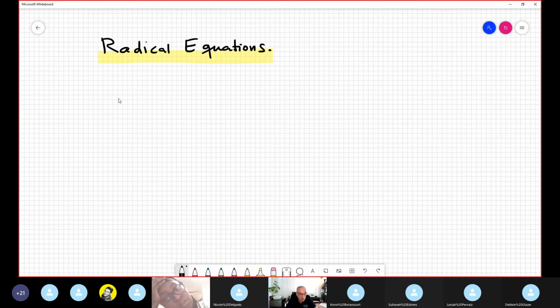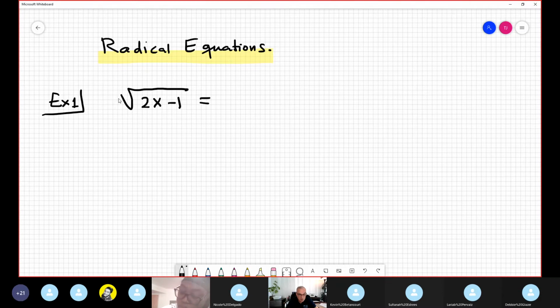What is a radical equation? A radical equation is easy to identify because it's an equation that contains a radical. Suppose example one is the square root of 2x minus 1 equals 1. Suppose an elementary example like that. Well, how do you solve that?